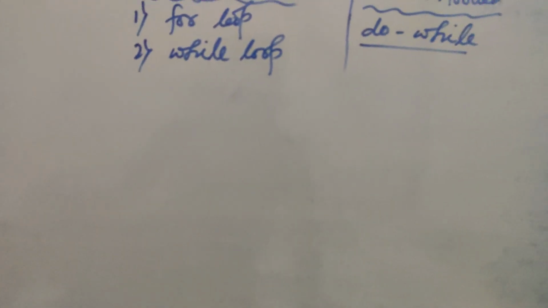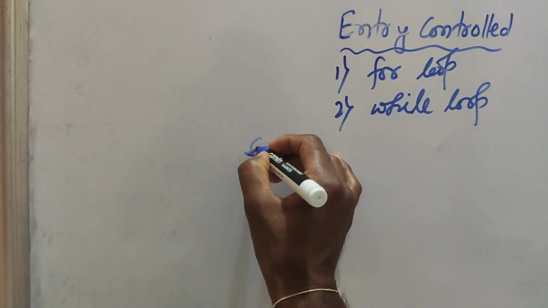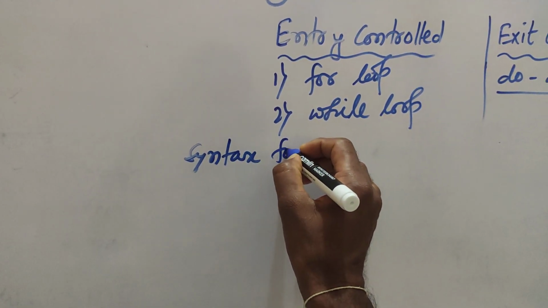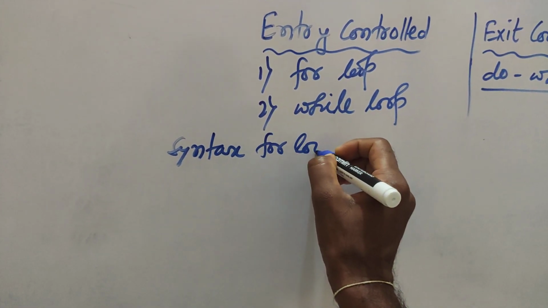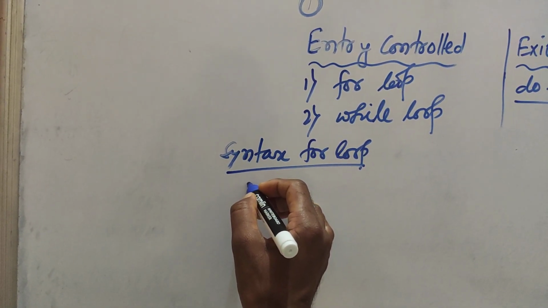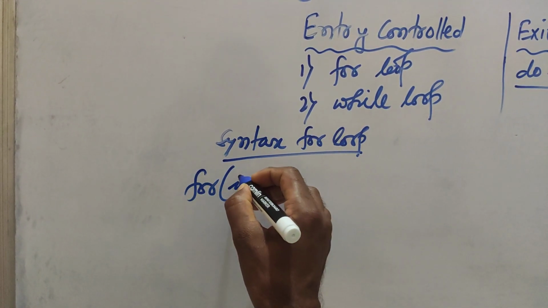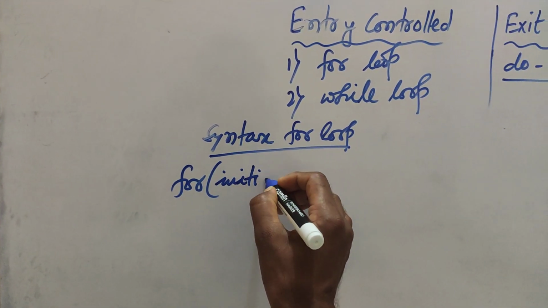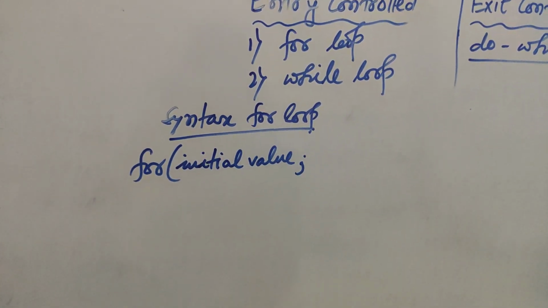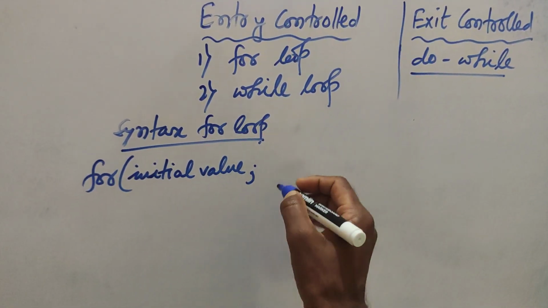So now see syntax for loop. Here for, initial value; this is one statement, that's why semicolon.